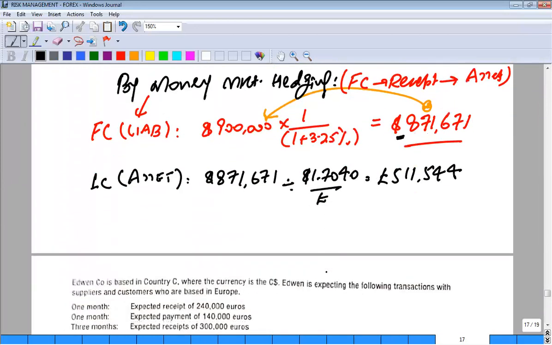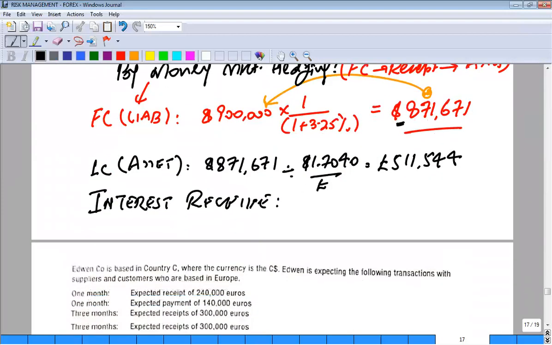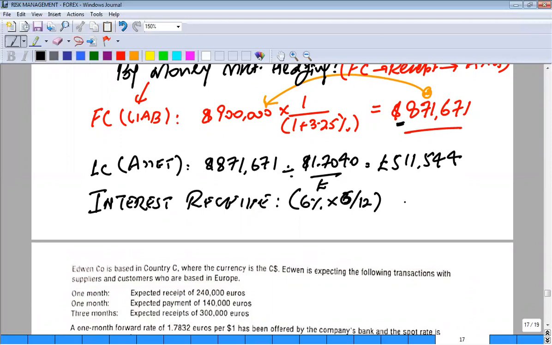And in 3 months we will receive the interest, that is 6%. That is 15,346.